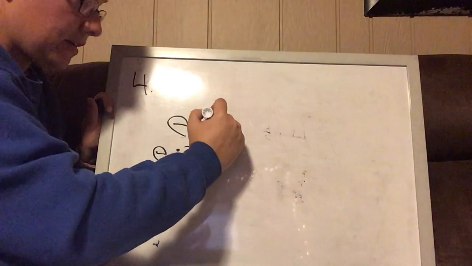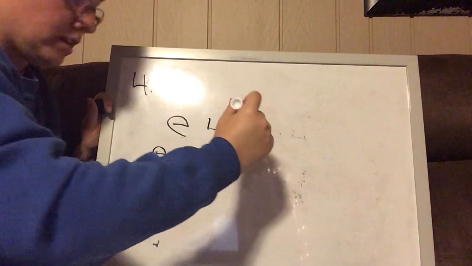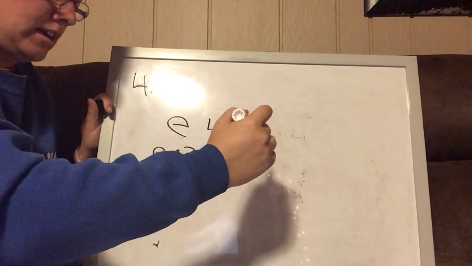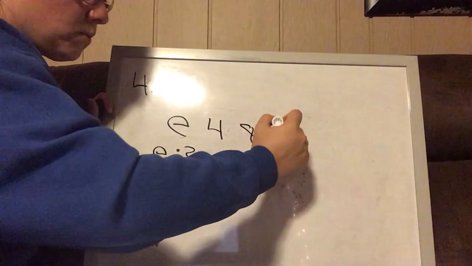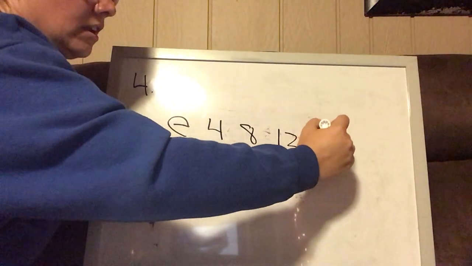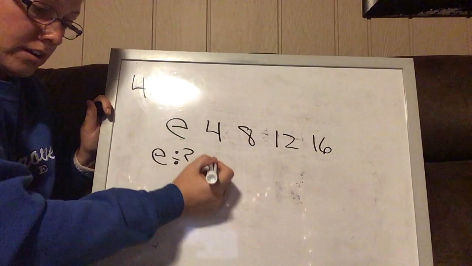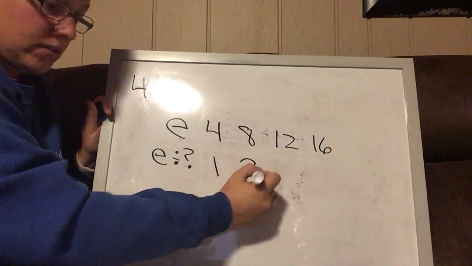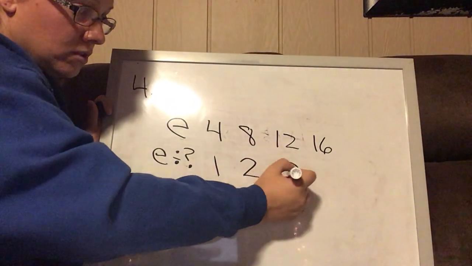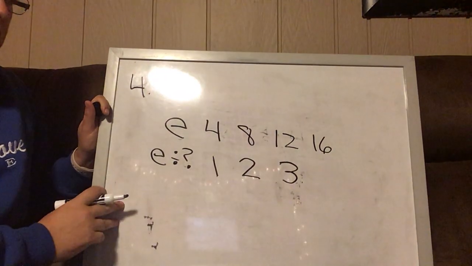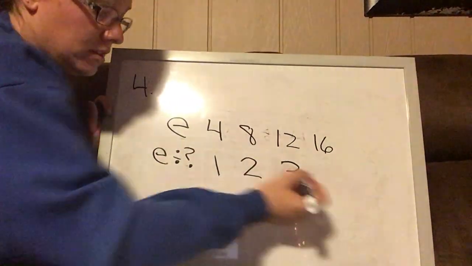And e is going to be 4. E is going to be 8. E is going to be 12. And e is going to be 16. You're going to get a 1, a 2, a 3, and then we're going to have a mystery number also at the end here.